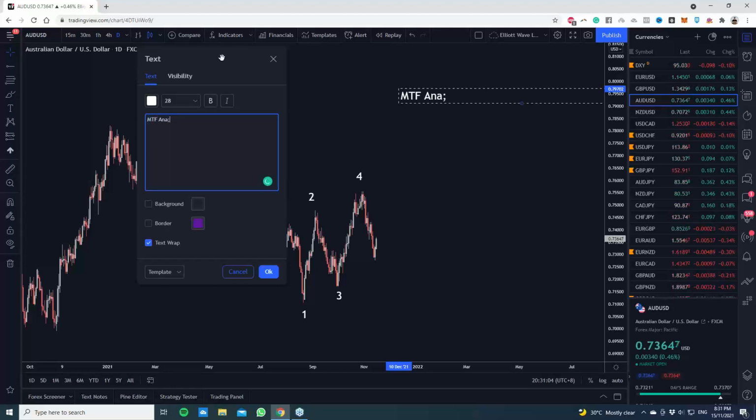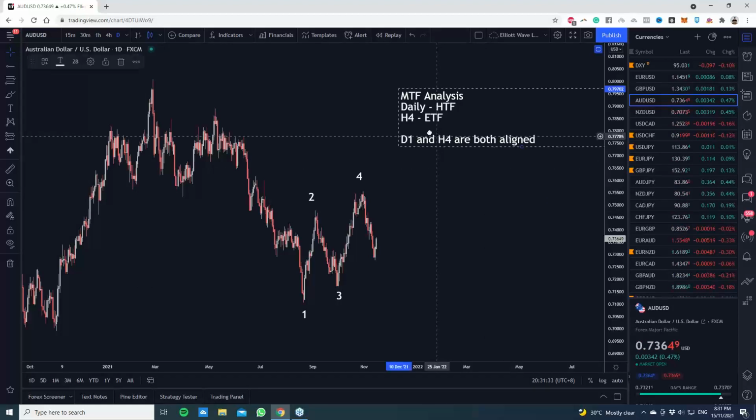Ideally, of course, you want your different time frames to align with the direction that you're looking at. So what is multi-time frame analysis? Basically, if you're looking at the daily time frame for your higher time frame, and then maybe your H4 here is your execution time frame, then if the daily and the H4 are both aligned, maybe you want to take that trade.